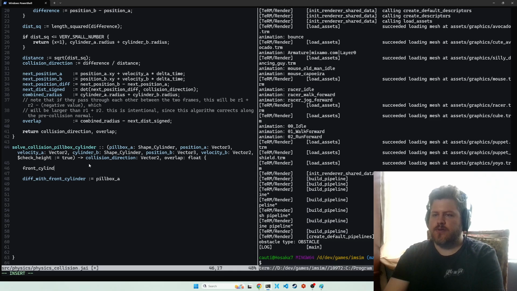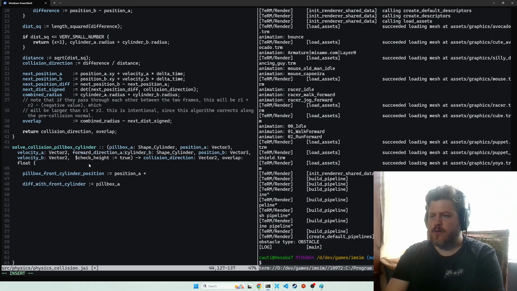So front cylinder position is going to be position A plus, we do not have the right, so I also need to pass in directions here. So let's see, we're going to say forward direction A is a vector 3, and right direction A is also a vector 3.